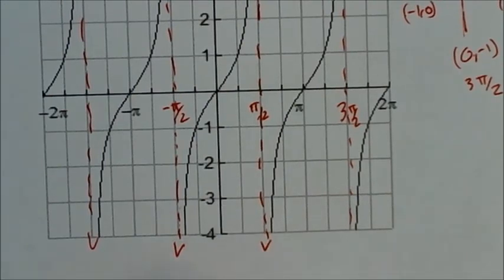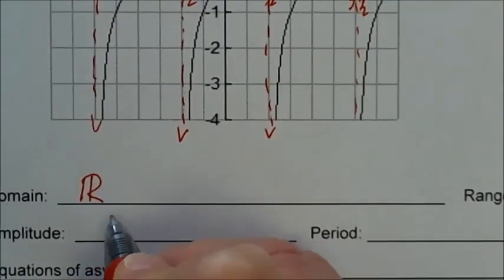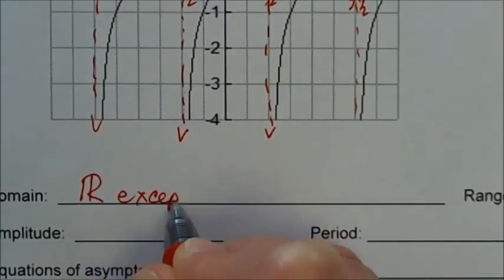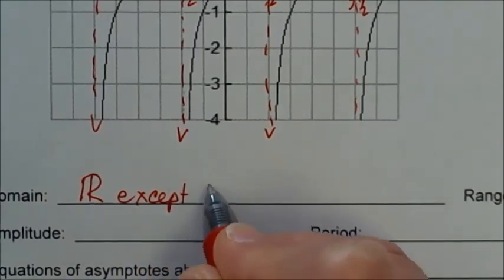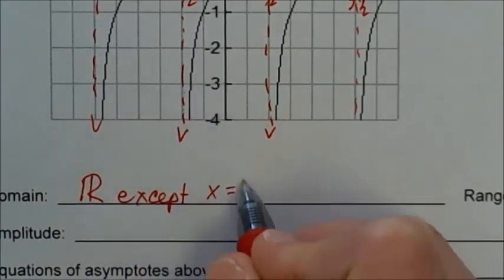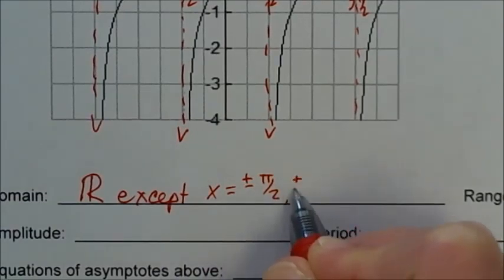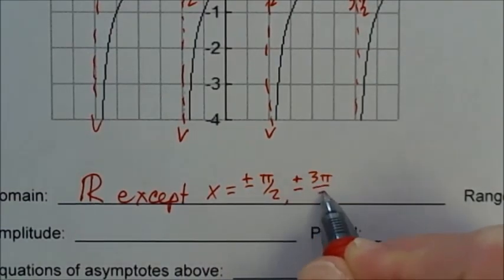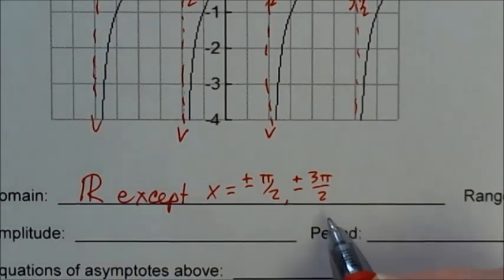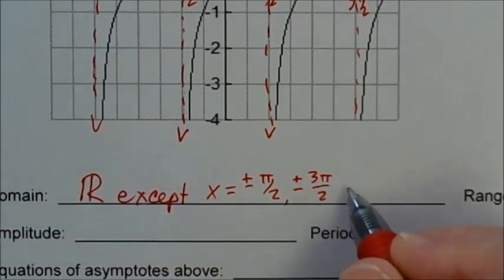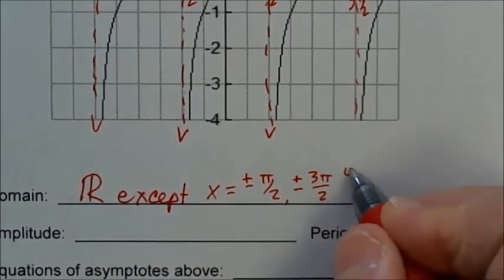So our domain would be all real numbers except x equal to plus or minus pi over 2, plus or minus 3 pi over 2, plus or minus 5 pi over 2, so odd multiples of pi over 2.